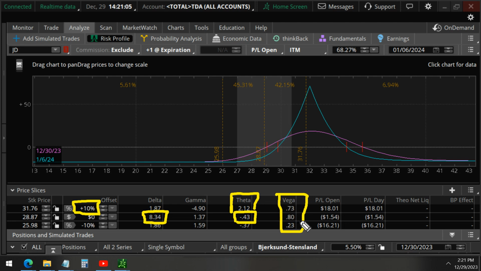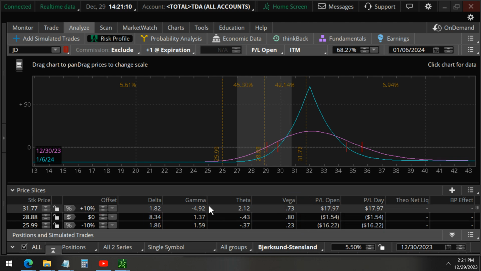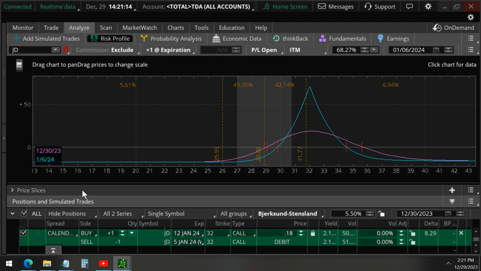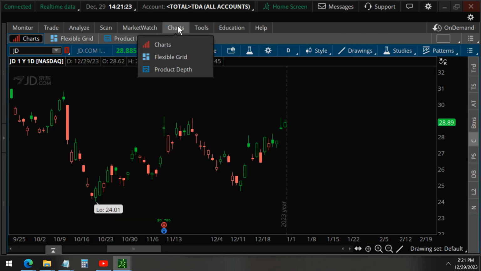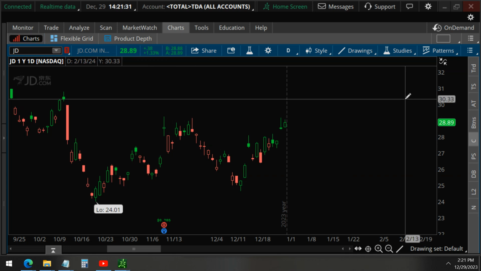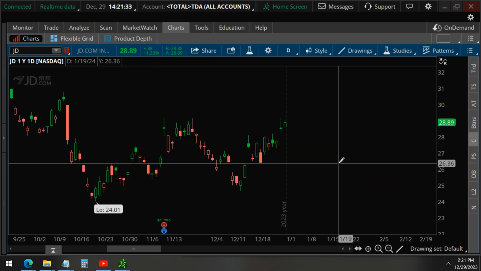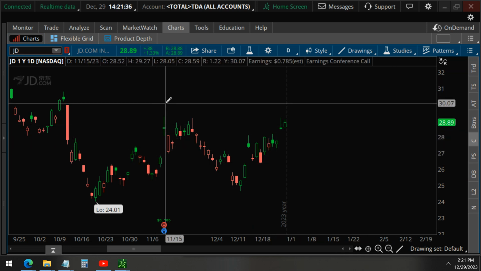This is what makes a calendar spread a calendar spread. They have very high Vega in comparison to a lot of other strategies. Okay, and so it's very important to use this strategy when the implied volatility is not very high. That as long as it increases, this trade will be profitable. As long as the stock price also doesn't drop significantly out of the range of our break-evens.